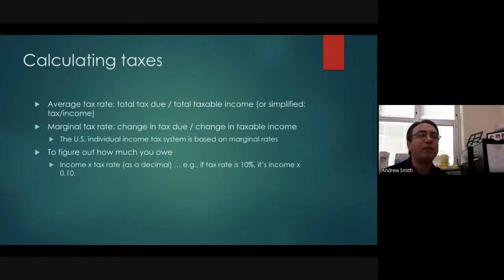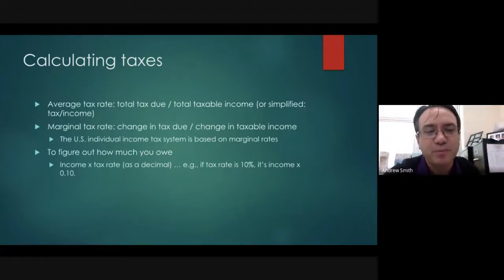Your average tax rate is always going to be lower than your marginal rate unless you're in the 10% bracket. Okay, and remember, because marginal rates are charged on the next dollar.